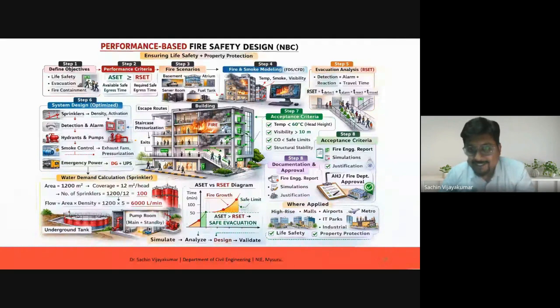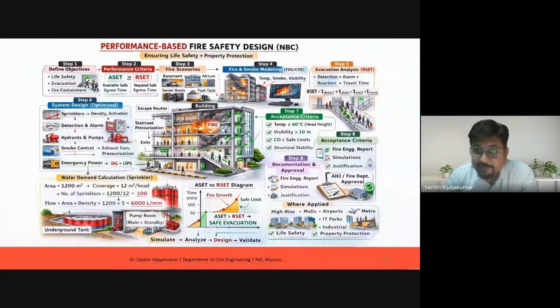It should be less than 60 degrees. And whatever the visibility is while the active system is working, or when any person identifies a big fire, there should be 10-meter visibility. And the CO limit should be at a less toxic limit.